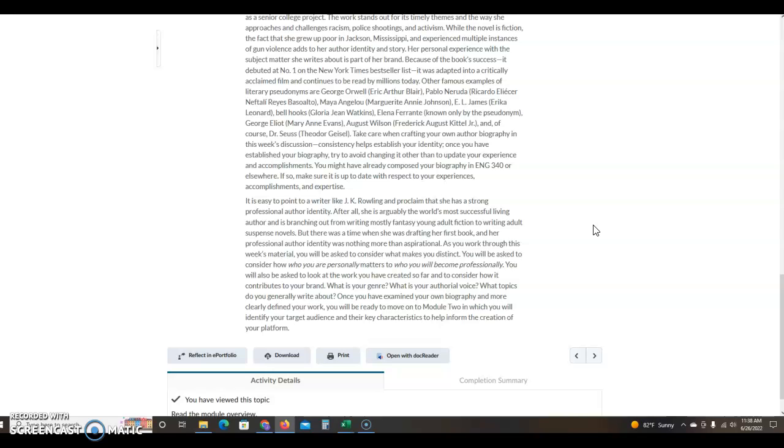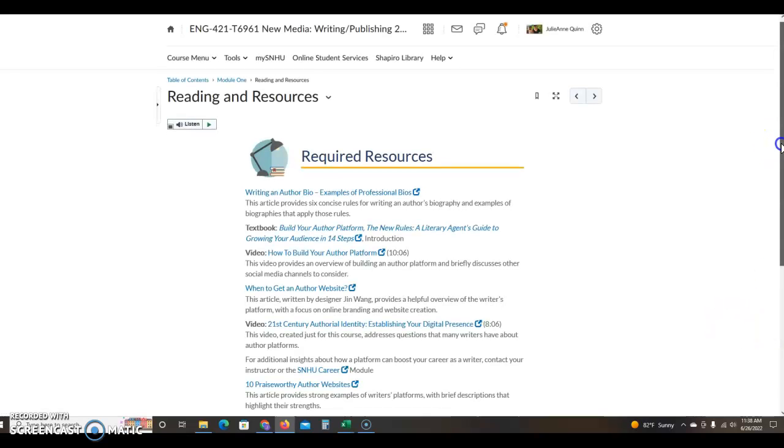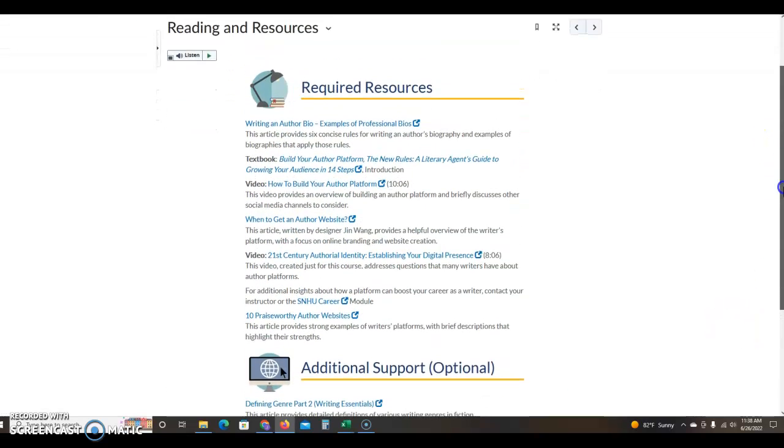Keep in mind that it's an interesting case study you can continue to follow as you work through not just this module, because where Rowling ends up socially remains to be seen.